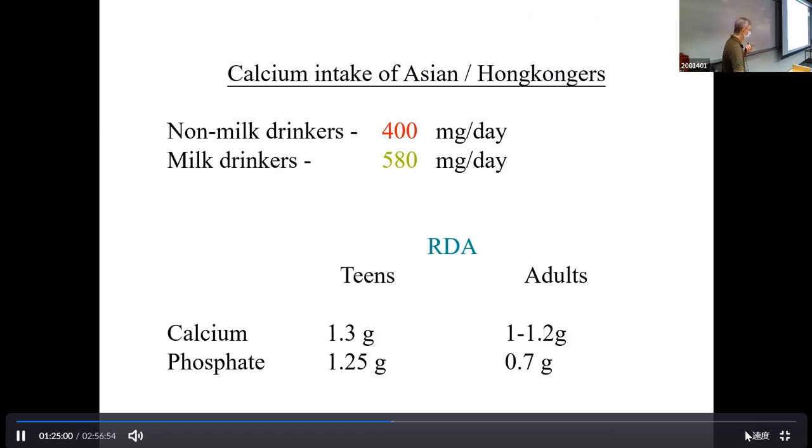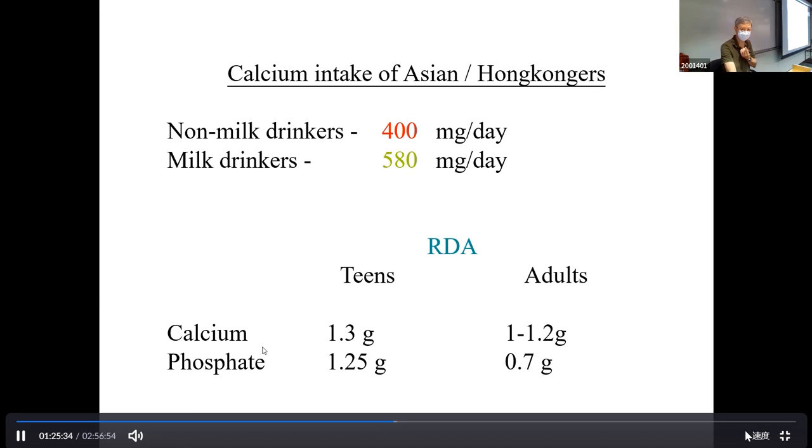Again, when it comes to diet, calcium intake for Hong Kong people in general is 400 milligrams. Even for those who drink milk, usually they don't drink a whole lot. This is from some studies that we carried out many years ago, showing the average intake of calcium for non-drinkers and drinkers, so you can compare with the RDA.